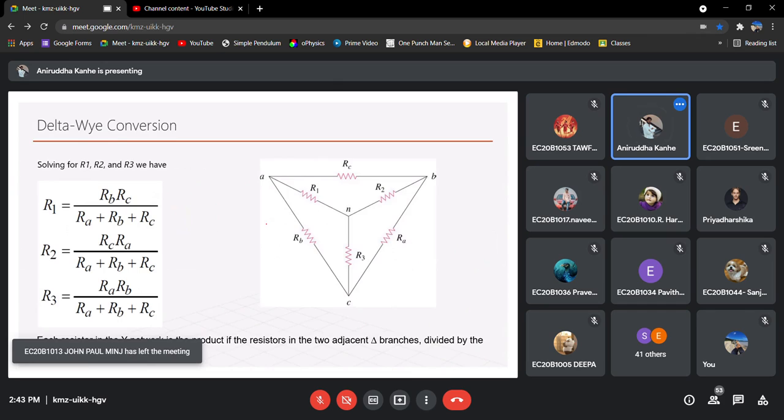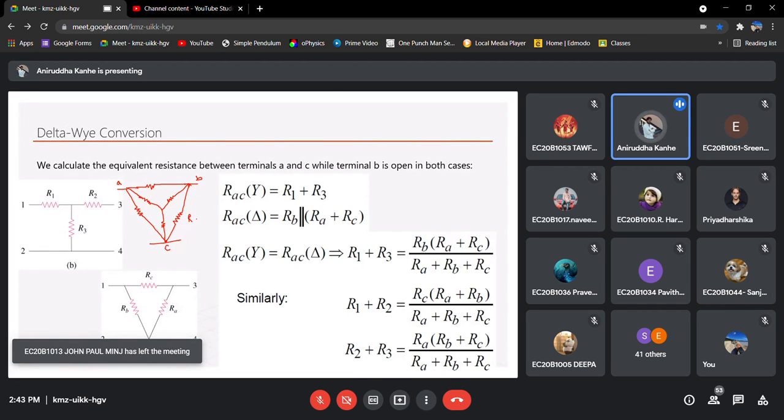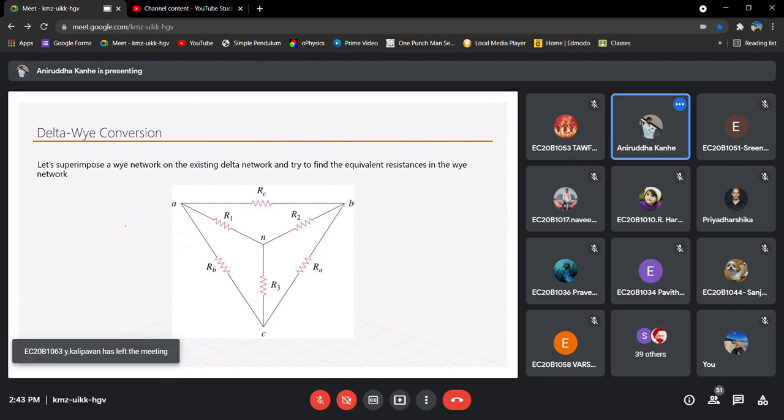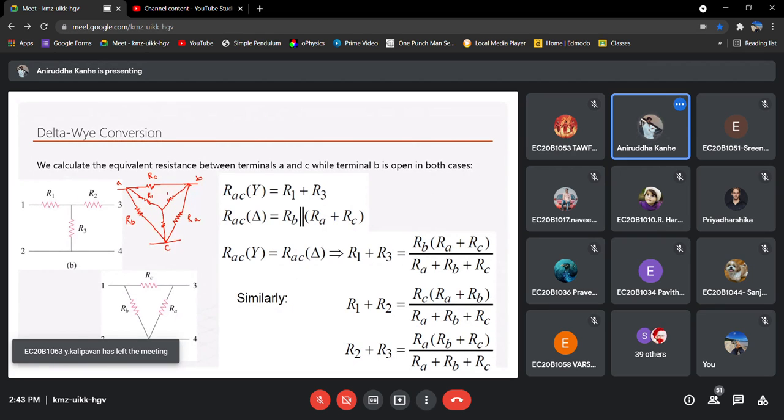And this is RA, that's RC, and that's RB. And this is R1, R2, and R3. Okay, so this will obviously become A, that will become B, and this is your C. This is A, that's B, and that's C. Fine.